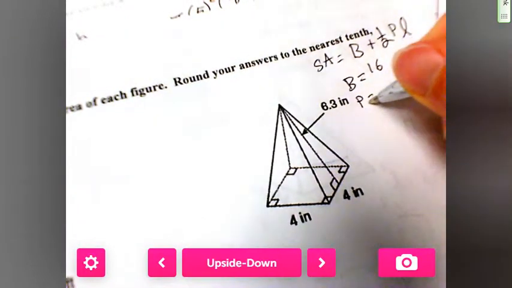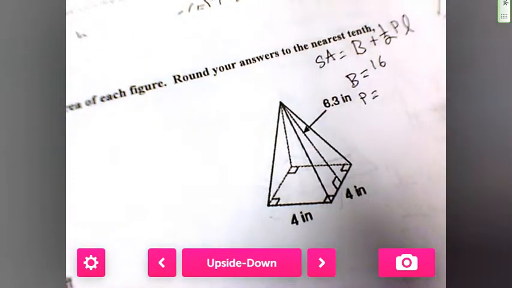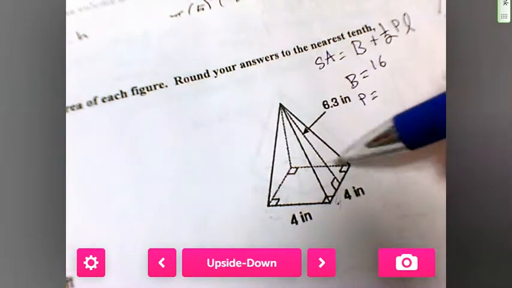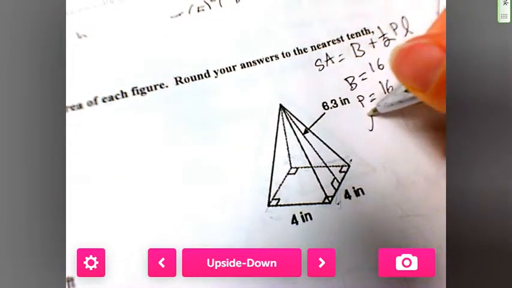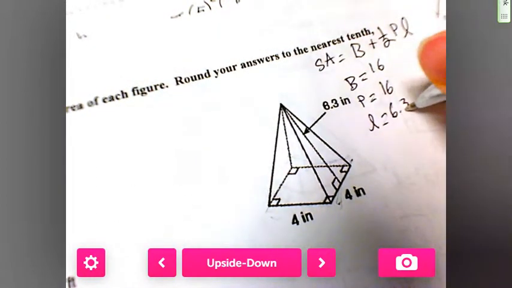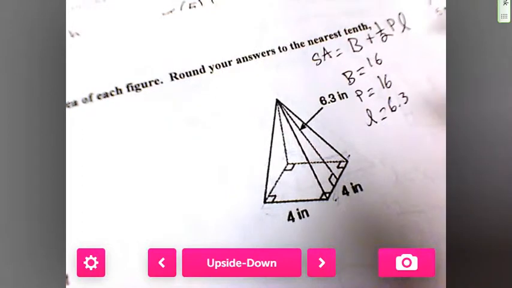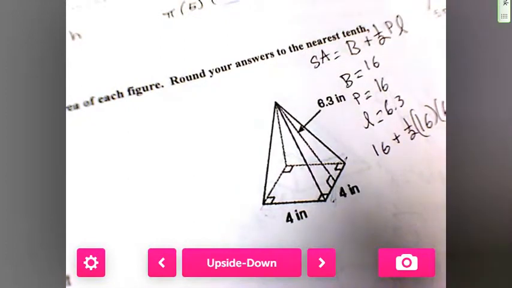What's the perimeter of the base if I were to walk all the way around it? 4 plus 4 plus 4 plus 4 is 16. What's the slant height of this? 6.3. Okay, so now we just plug it in. 16 plus 1/2 16 times 6.3.